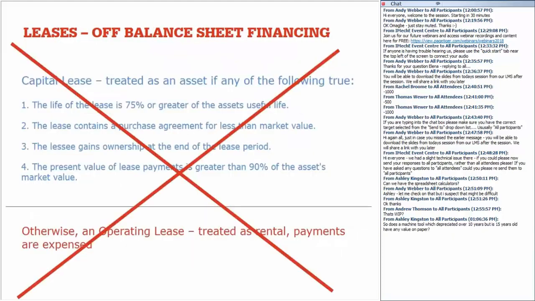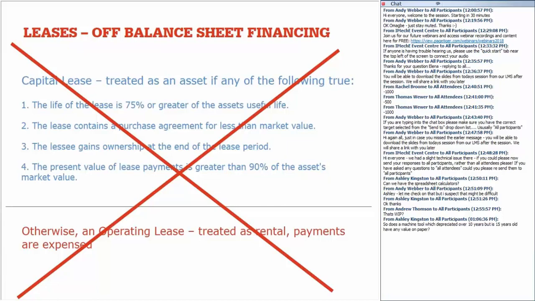Now, leases are a complicated area, and it's all going to change. Leasing was a way of keeping assets off the balance sheet, so it looked like you were doing really well because you didn't have too much invested in the business and were producing high profits.